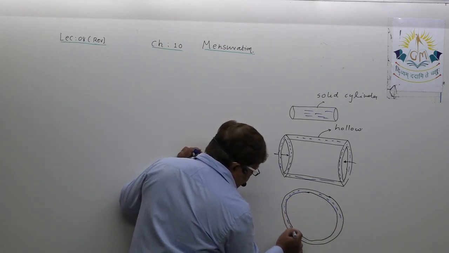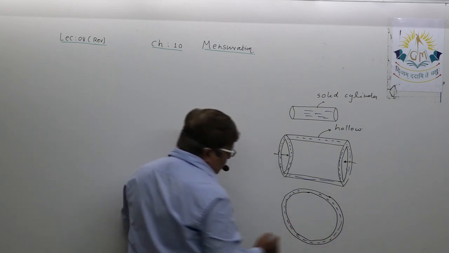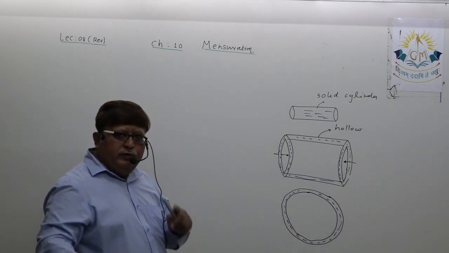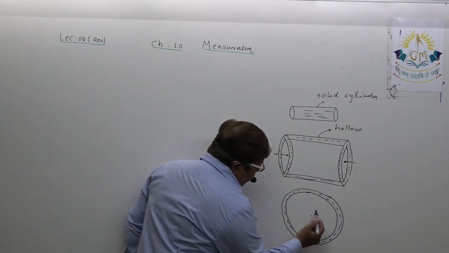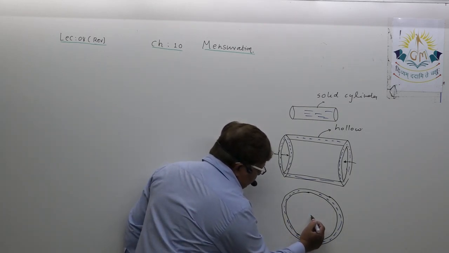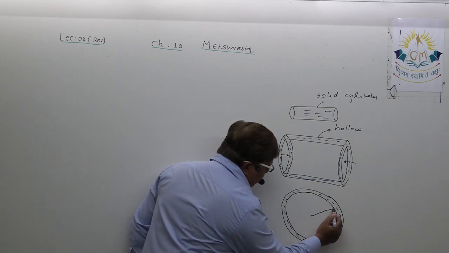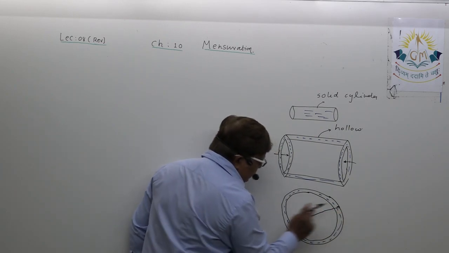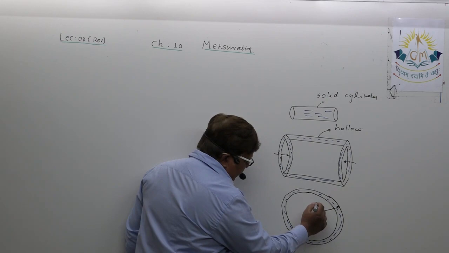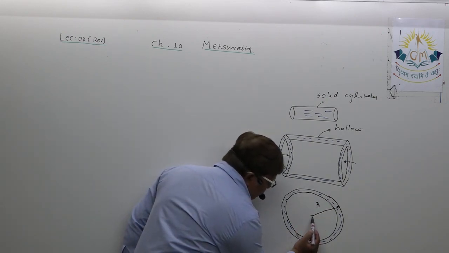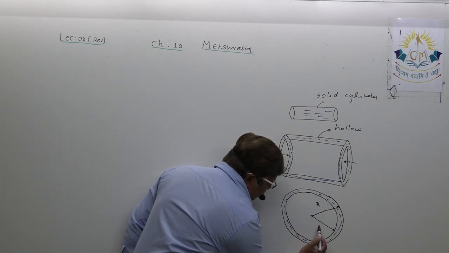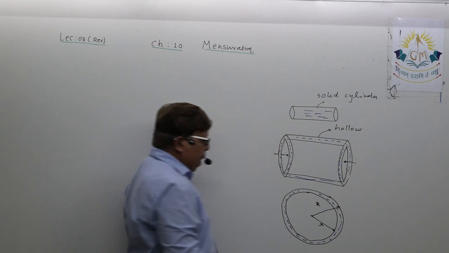So, in solving such an example, what is important for you is that you have to think of two radii. One is the external radius up to this, that is R. One is the internal radius, up to this inner part.